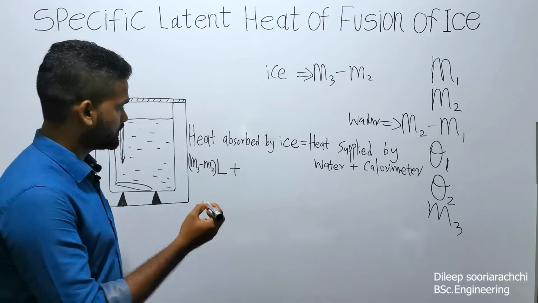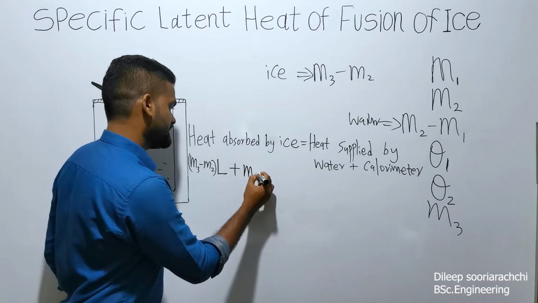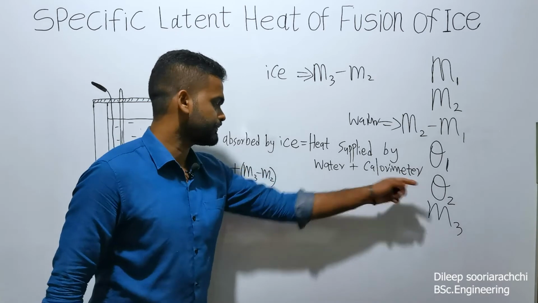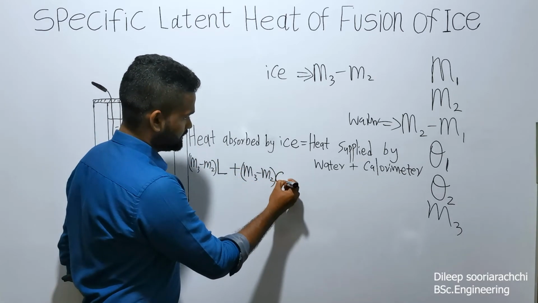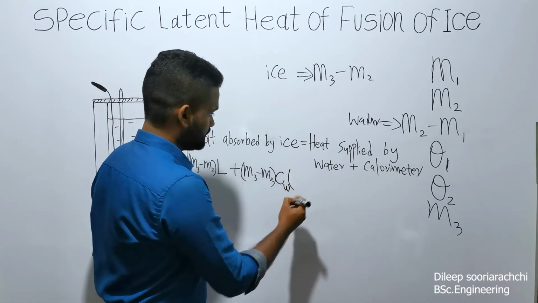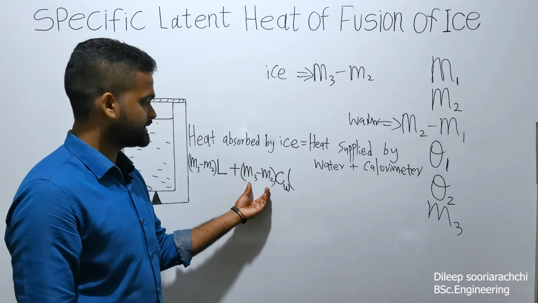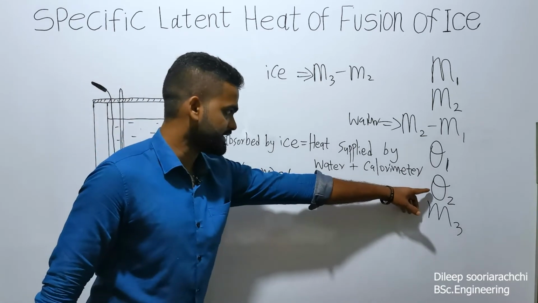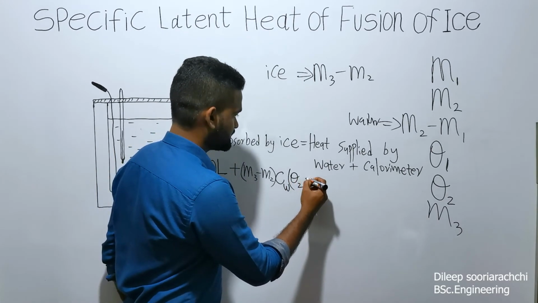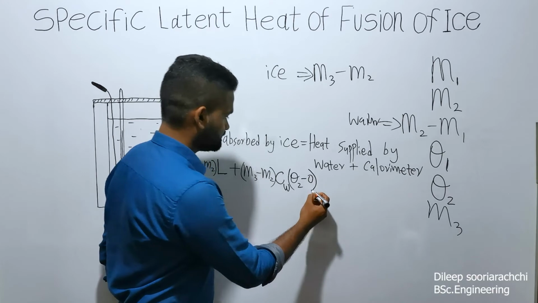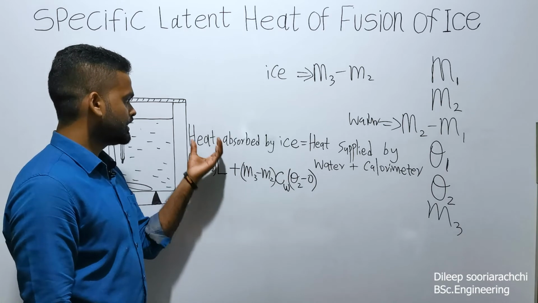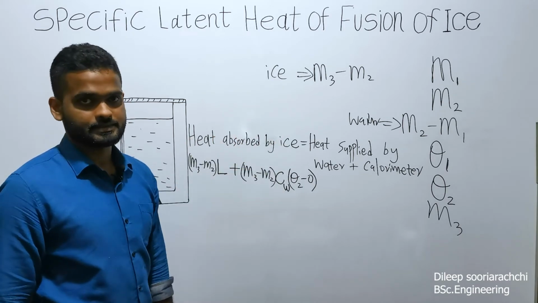Then that 0 centigrade water, of amount M3 minus M2, has to reach theta 2. So we multiply by the specific heat capacity of water and the temperature difference, theta 2 minus 0. These two terms show the heat absorbed by ice.